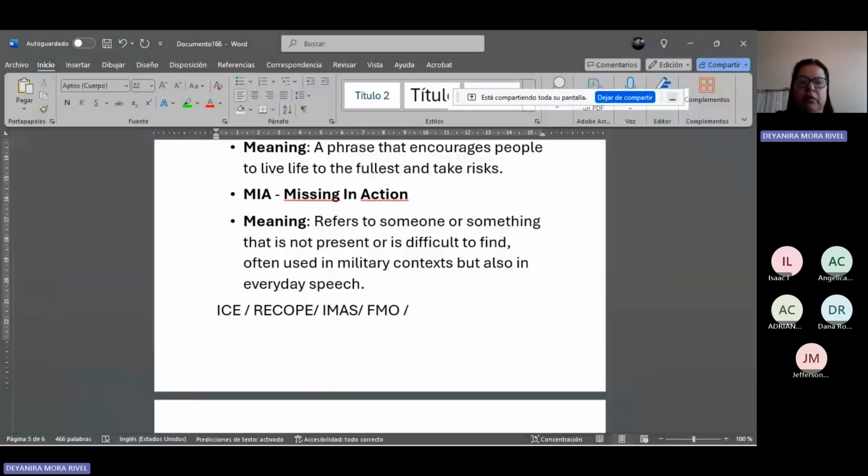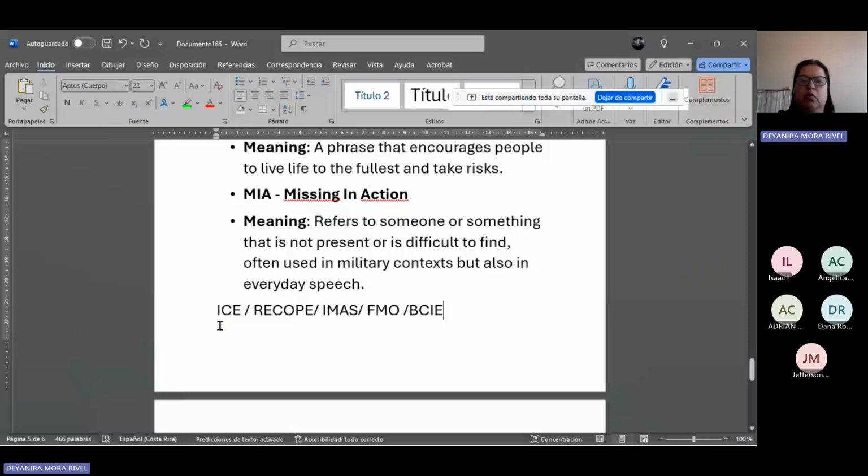La ONU sí podemos leerlo, pero el BCIE no me acuerdo cuál banco es ese, pero no podemos leerlo.